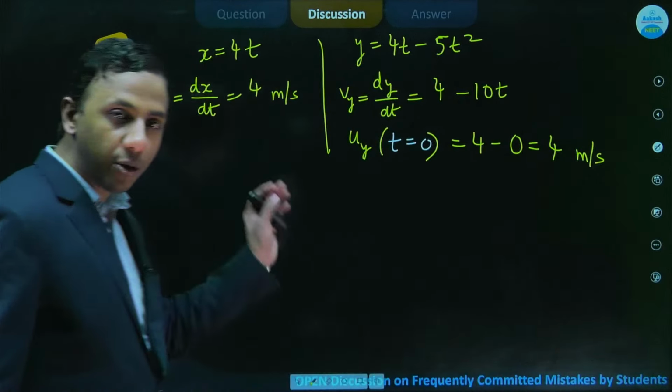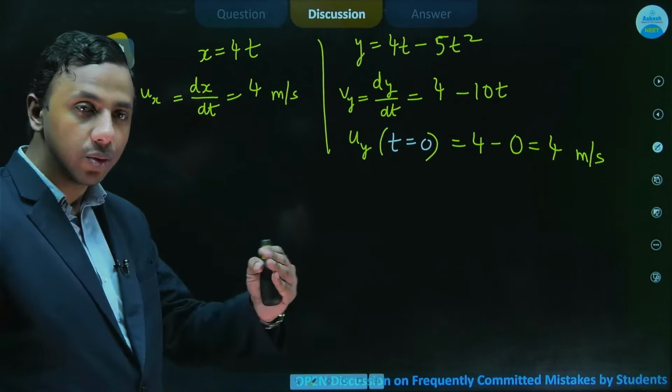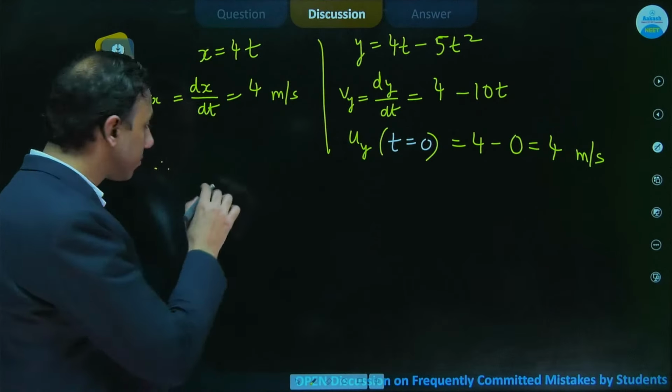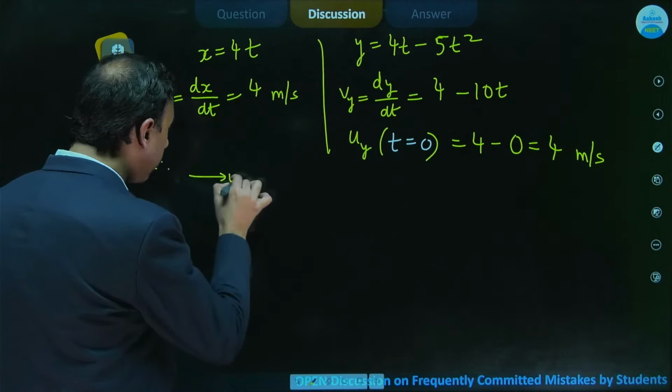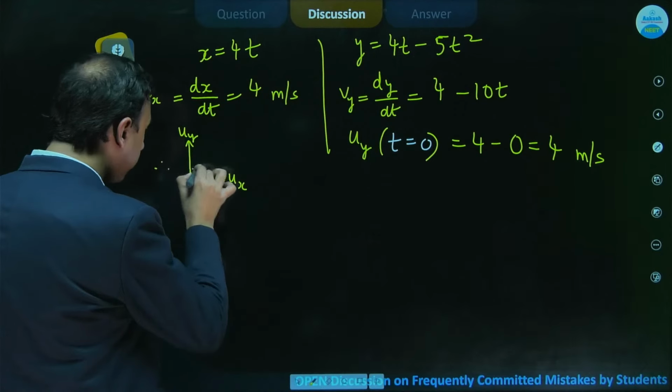Okay. So you have found Ux and Uy like this. So how do we find initial velocity u? It's pretty simple, right? Remember, Ux is along x direction, Uy is along y direction, they are both perpendicular.